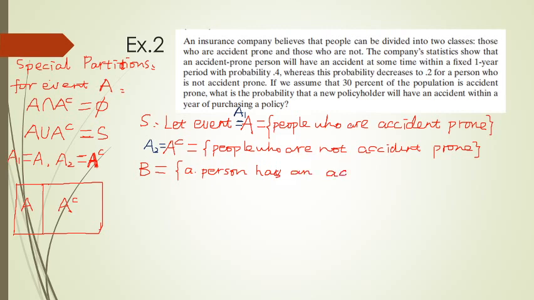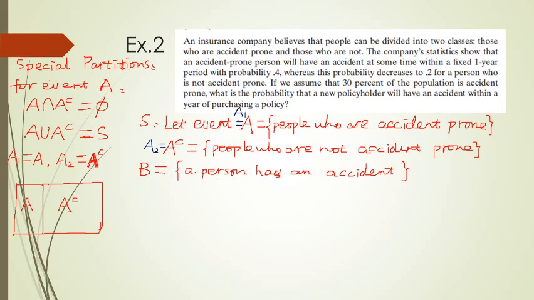What is the probability we are interested in? We are interested in the probability of B, right? What is the probability that a new policyholder will have an accident within a year of purchasing a policy? Within a year of purchasing the policy, that is the time period the company considered. So a person has an actual accident, and we are interested in the probability of event B.